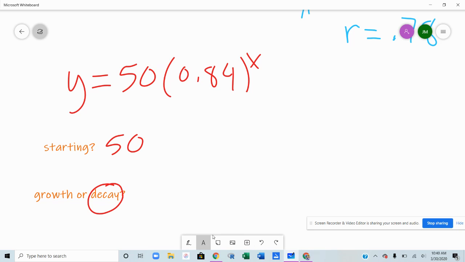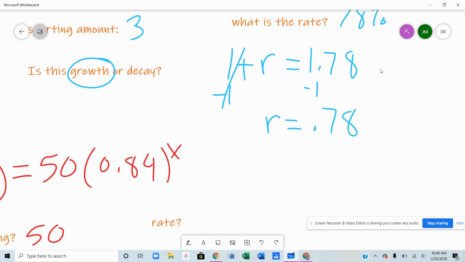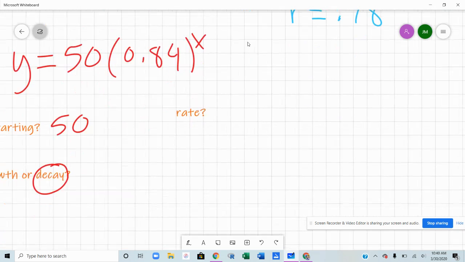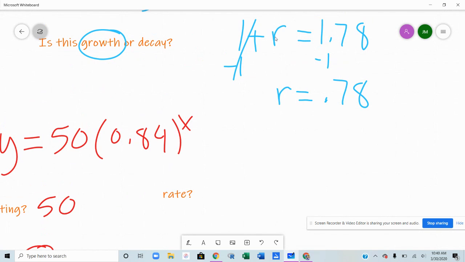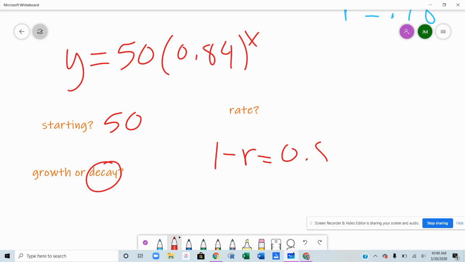And then the last one that we should be able to answer is, what is the rate? The last time I took 1 plus R equals 1.78. 1 plus R equaled whatever was in my parentheses. But this time I have a decay, so I shouldn't do 1 plus R, because that was growth over here. Now I have a decay, which means I took 1 minus the rate to give me what's in the parentheses.